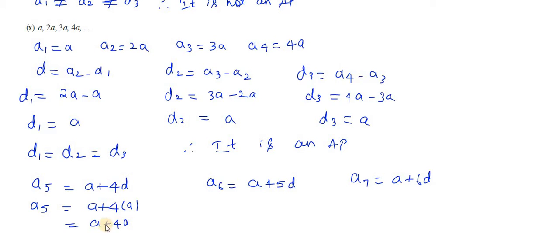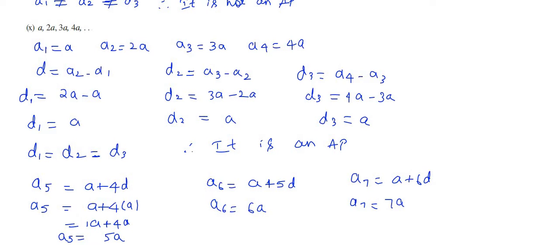Okay, what is a plus 4a? It's nothing but here 1a is there, and here 4a is there. So we can write it as 5a. Therefore a5 is equal to 5a. Similarly, a6 is equal to 6a, a7 is equal to 7a. So these are the next three terms. I hope all of you understood.